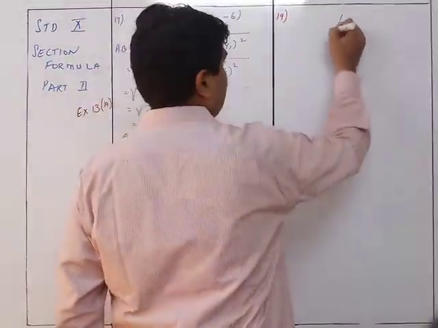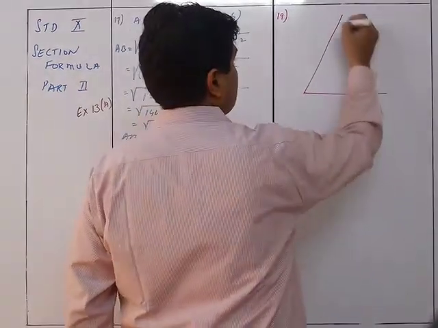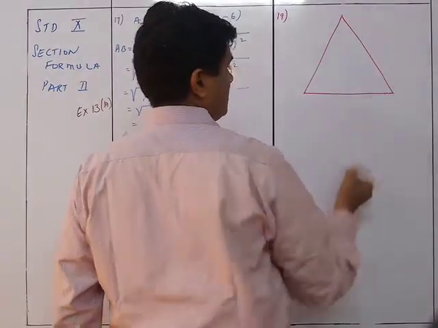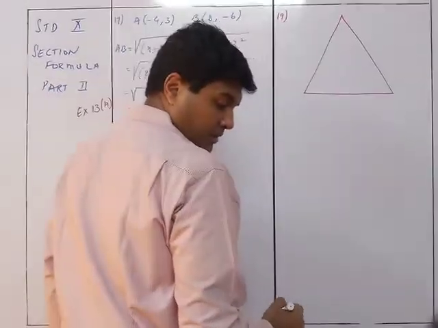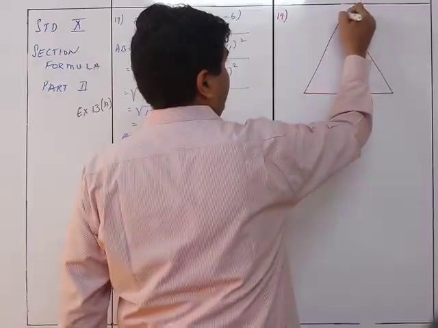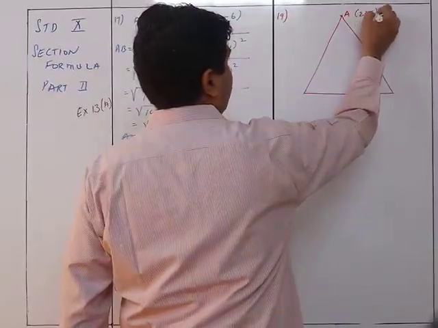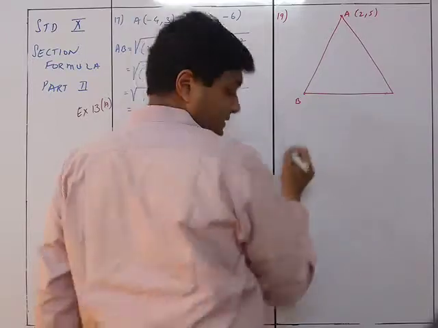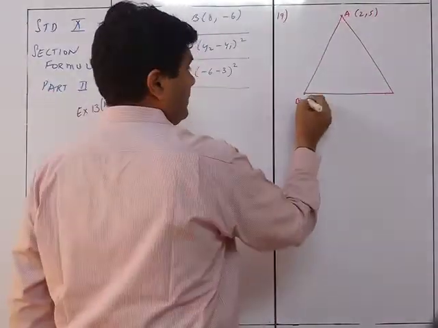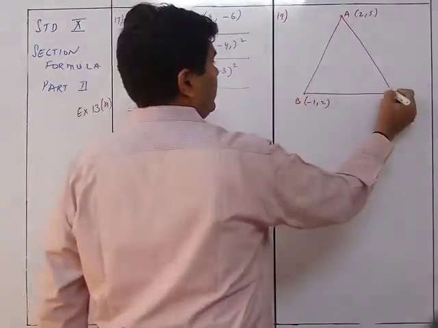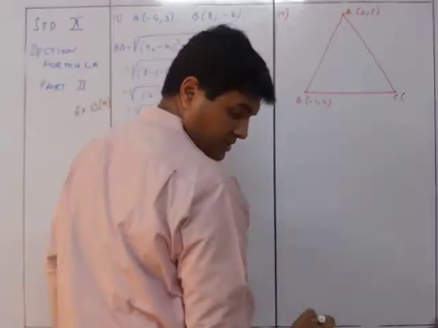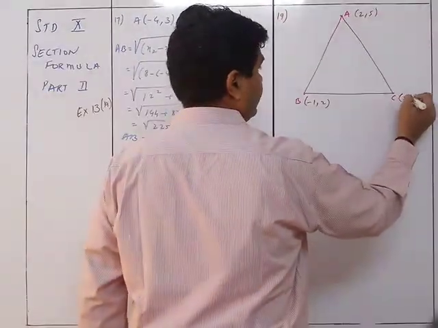You are given a triangle. The triangle is A is (2, 5), B is (minus 1, 2) and C is (5, 8).